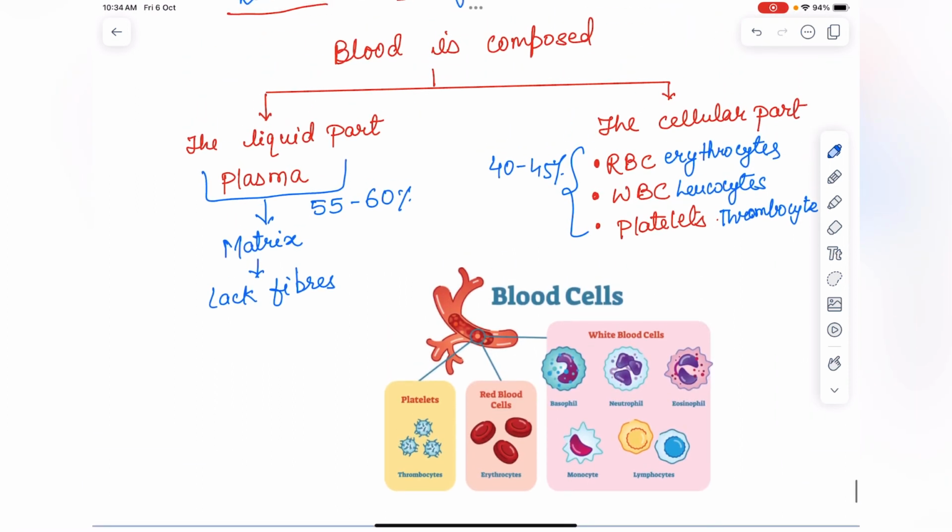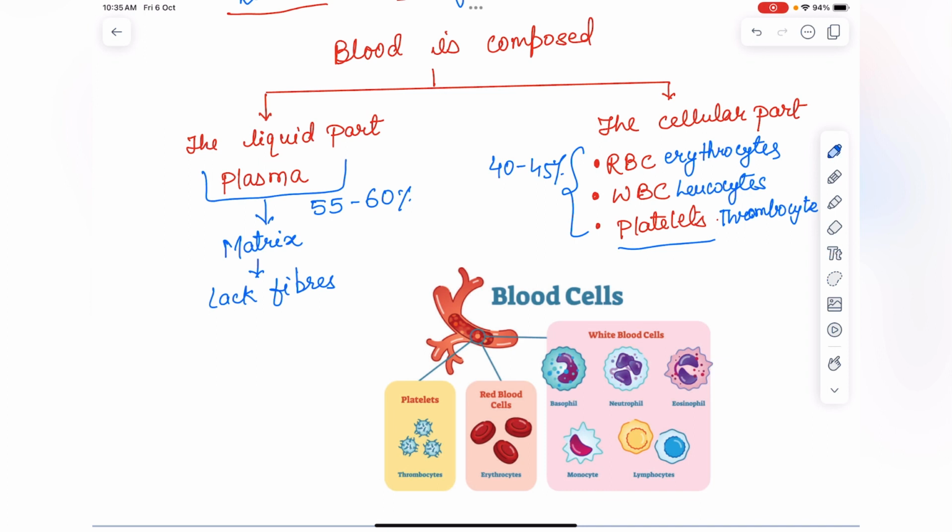So we have seen the blood is composed of two things, that is a liquid part and the cellular part. The liquid part of blood is plasma, and the cellular part, or we can say solid part, of the blood is RBC, WBC, and platelets. So all these are mixed together and form blood.